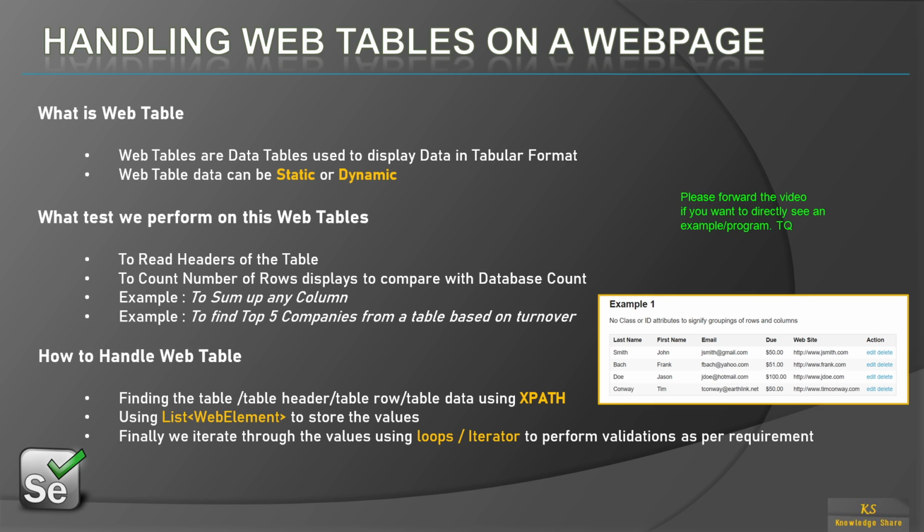So basically what is this web table? Web tables are data tables used to display data in a tabular format. A tabular format is one which contains rows and columns, with a column header, followed by rows and columns. These web tables displayed on web pages may be static or dynamic.